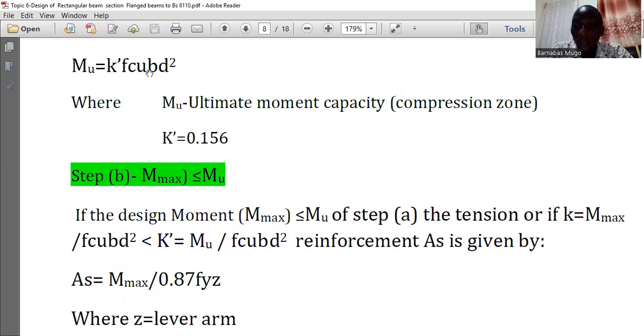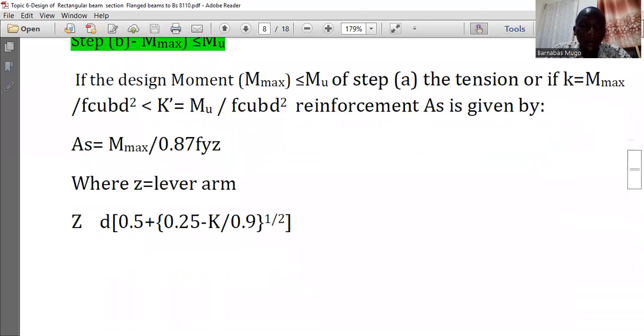For the tension, you also need to determine if K, which is equal to M maximum over FCU BD squared, is less or greater than K prime, so that you can be able to compare M maximum with MU.